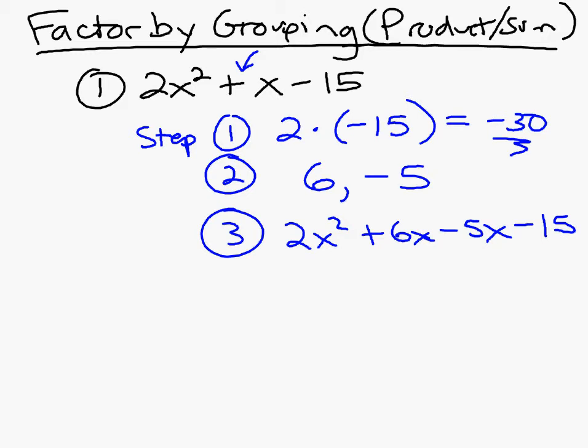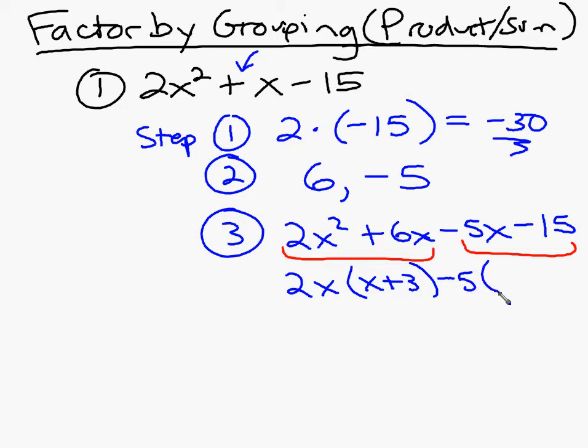So I am now going to break this up into two little pieces here, and I'm going to take out what's common to both. In the first one, I'm going to take out a 2x, and I will be left with an x plus 3. On the next one, I'm going to take out a negative 5, and I'll be left with an x plus 3. If you do this correctly, you must have these two be the same.